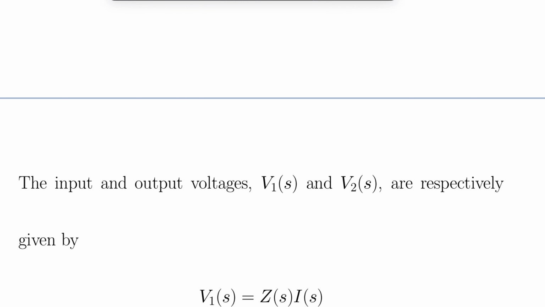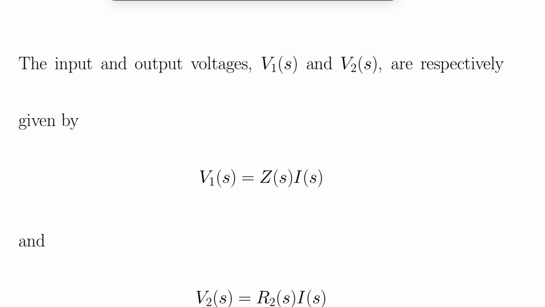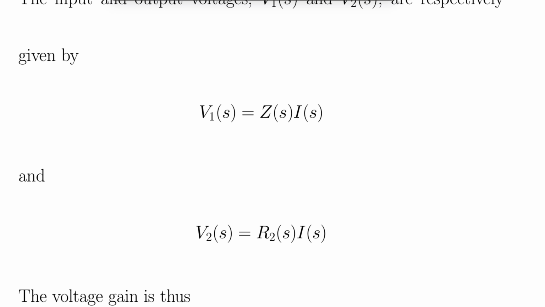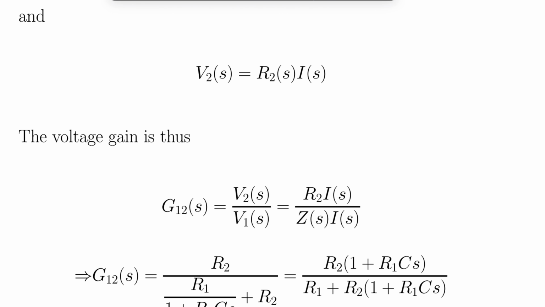The input and output voltages V1s and V2s are respectively given by V1s is Zs into Is, where Is is the current that flows in the loop, and V2s is R2 into Is. The voltage gain, that is the ratio of output voltage upon input voltage, is G12s is V2s upon V1s.